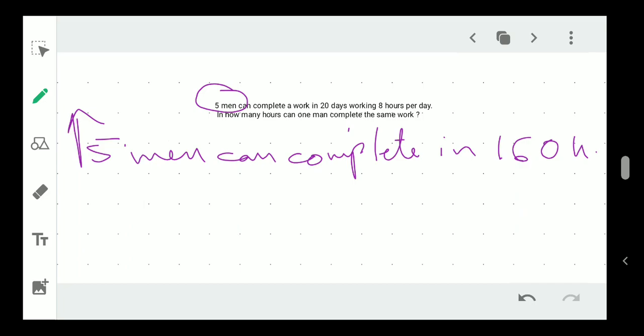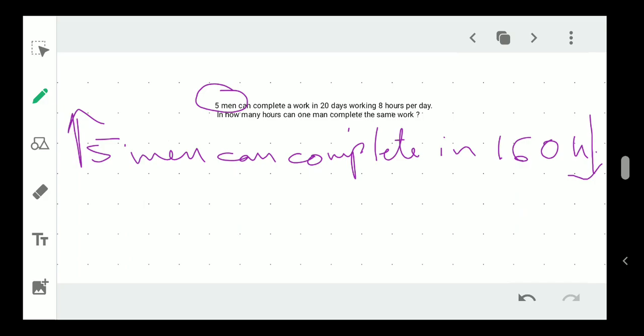Now if your father, your cousin, your brothers are all working, say 4 people working with you, the work will be done very easily, right? You don't need 5 days to complete. Now the work will be done in only 2 days. So if the number of persons increases, the time required to complete the work will decrease. So that means if one side is increasing, the other side is decreasing.